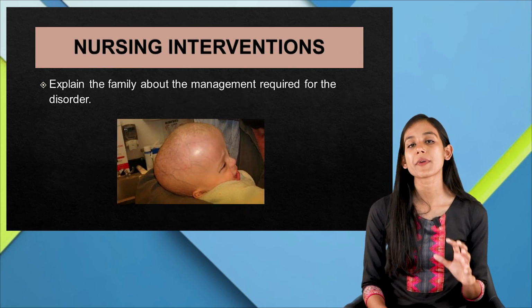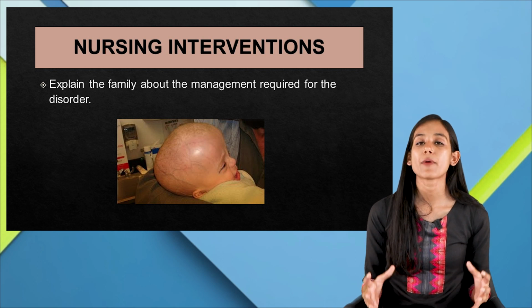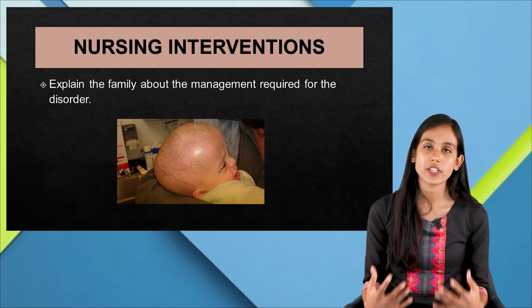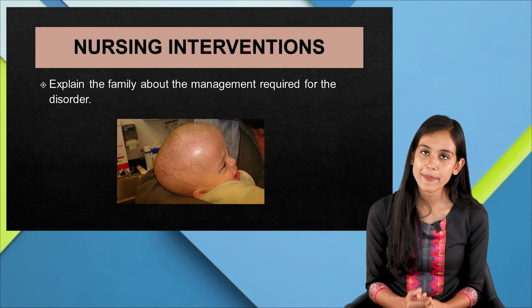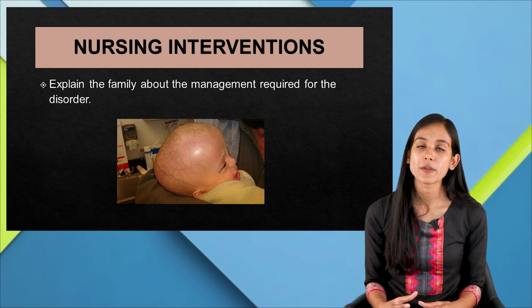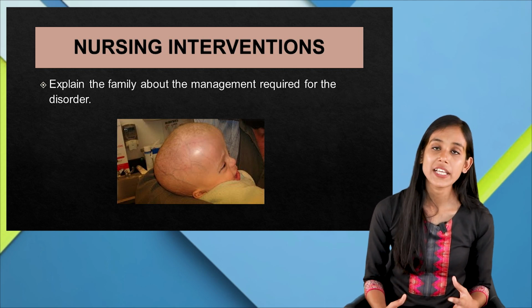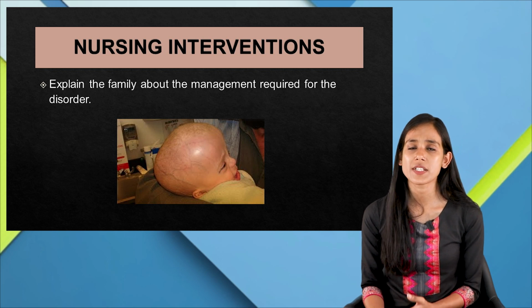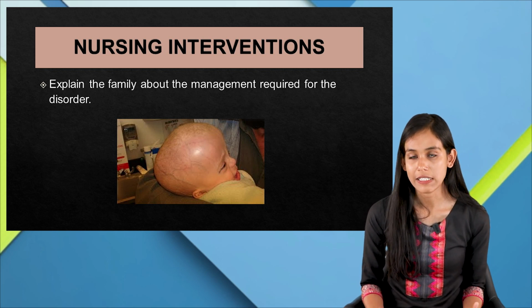So the first thing is we have to explain to the family about the management required for the disorder, right? So you have to explain what the problem is, why it is happening, and what the possible interventions are.